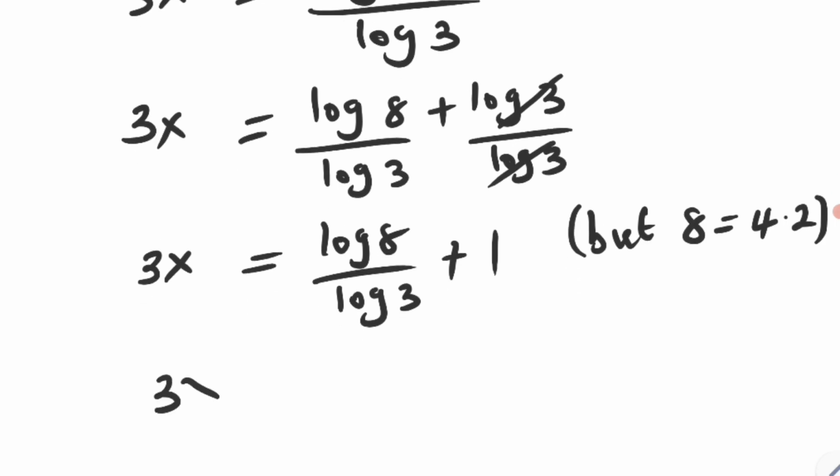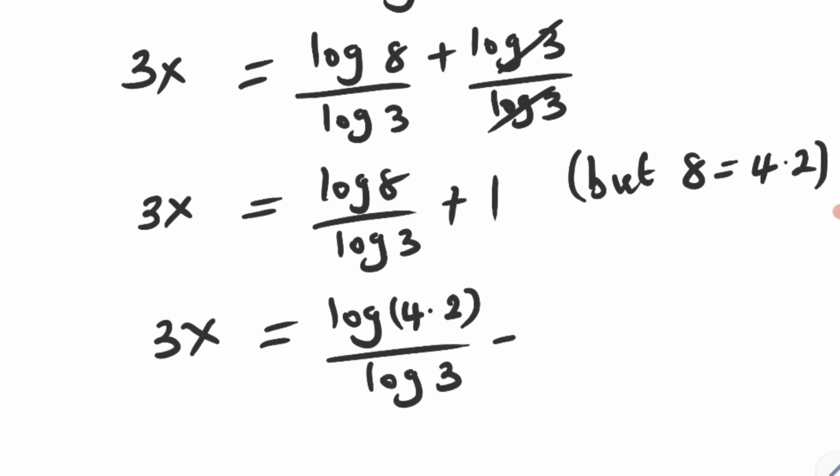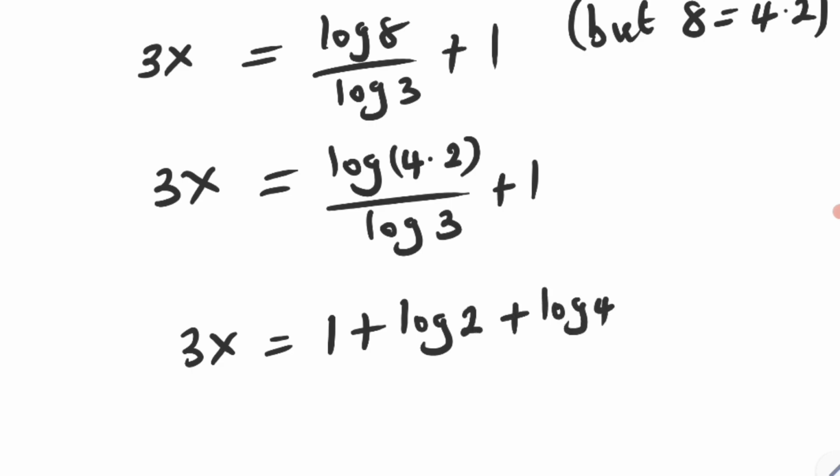Then 3s is equal to log 4 multiplied by 2 over log 3 plus 1, and 3s is equal to 1 plus log 2 plus log 4, then this over log 3 and over log 3.